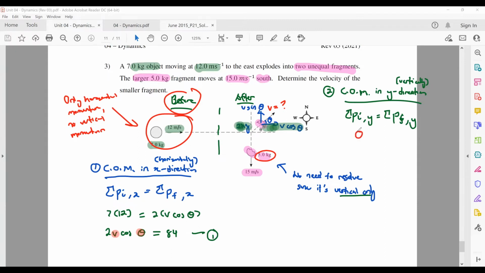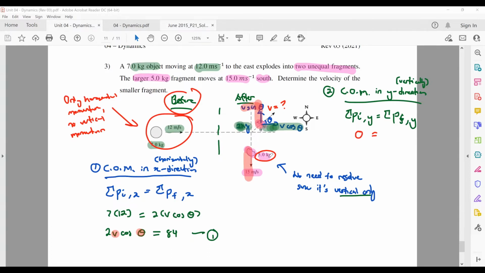So this is just going to be 0. But what about after collision? Now after collision, you can have two momentums. The first one is caused by v sine theta. The second one is caused by the 15 meters per second.